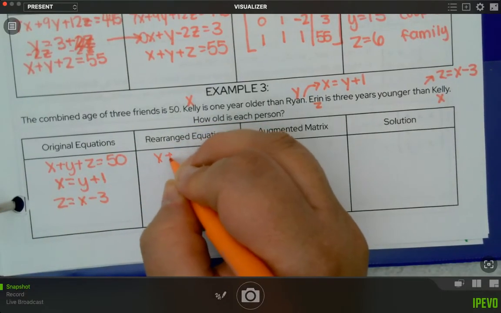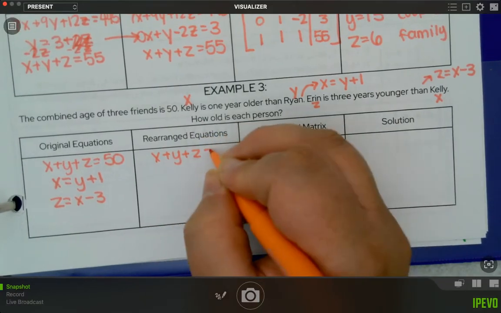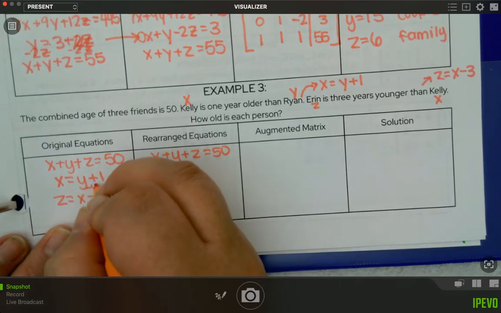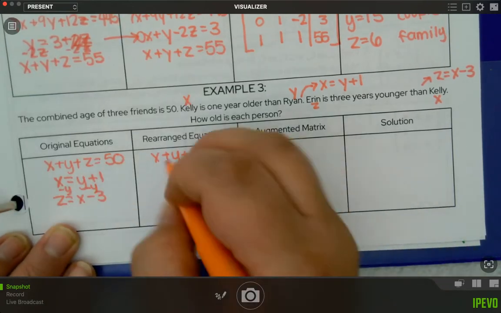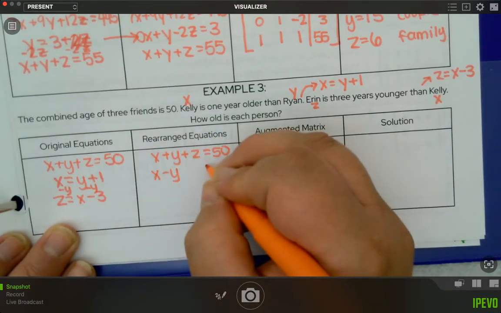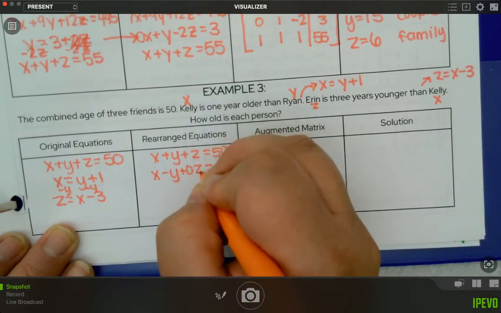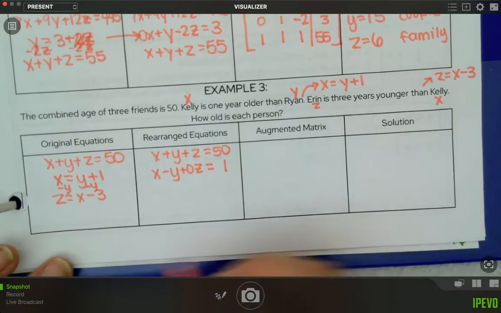You don't need to rearrange the top one, so we're just copying it over. And on this one, you need to minus that Y to the other side. So you get X minus Y equals 1. And I'm going to put a plus 0Z in there because we don't need Z in that equation.